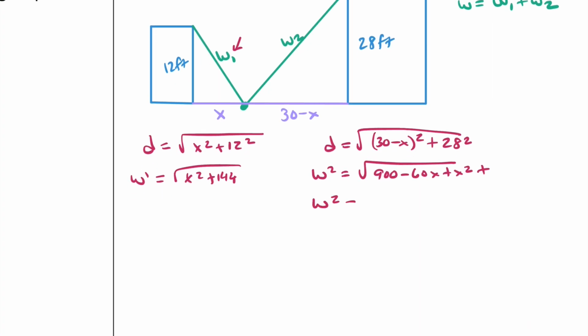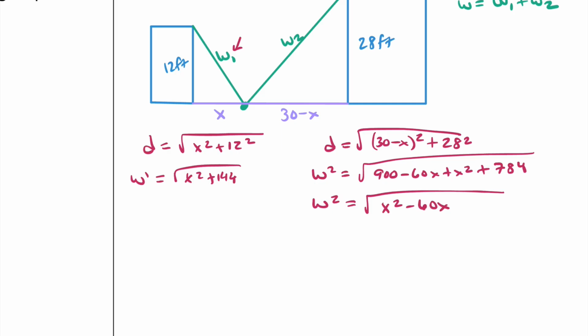You're definitely going to need a calculator for this one. The numbers are just too large to do this one strategically without a calculator. We're going to get x squared minus 60x, and that's 1684.